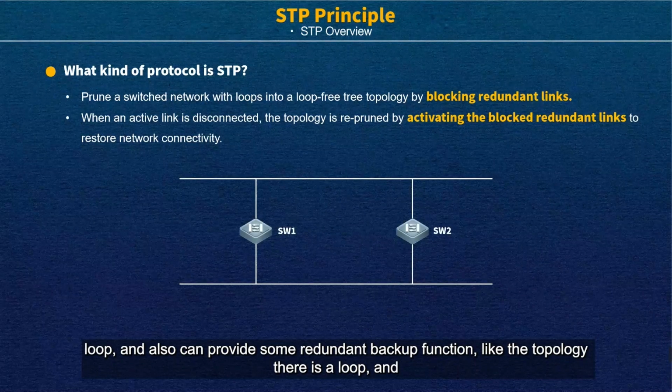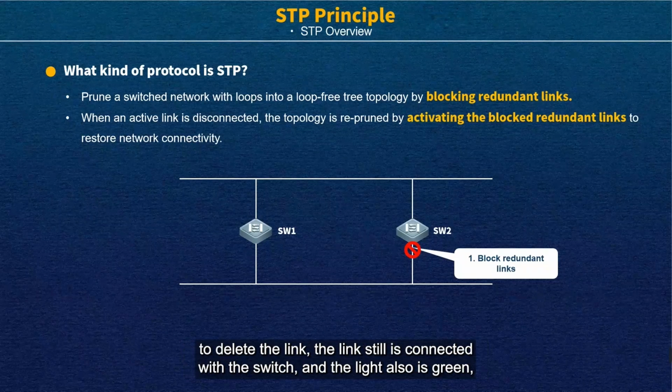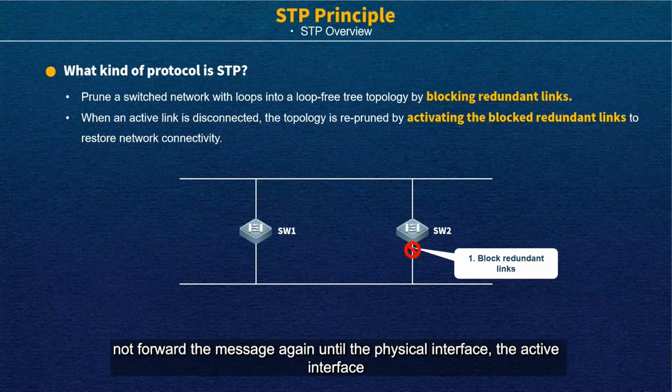Like in this topology, there is a loop, and logically we will block the interface. But pay attention, blocking does not mean you have to delete the link. The link still is connected with the switch, and the light is also green. The physical layer status will be up, and the layer 2 status also will be up, but the interface will not forward the message.